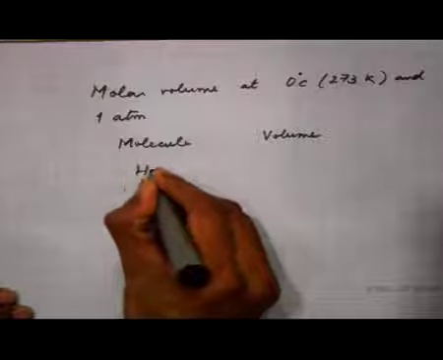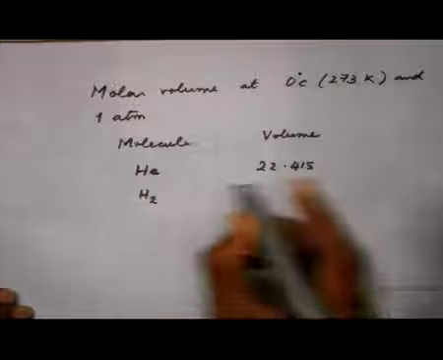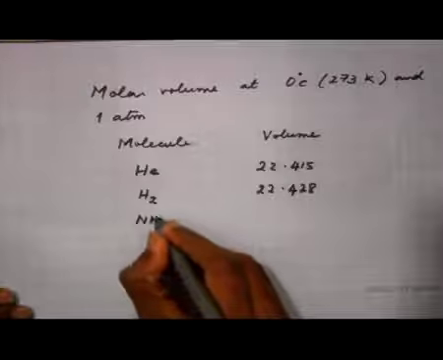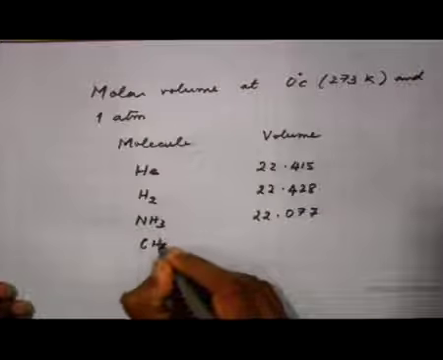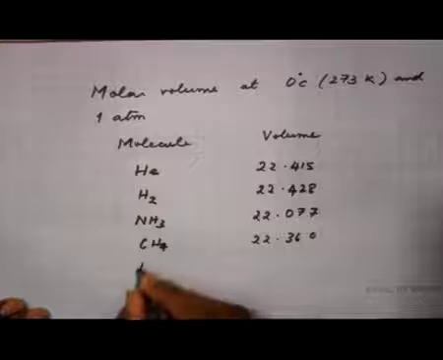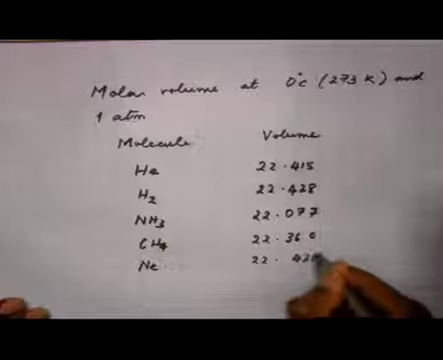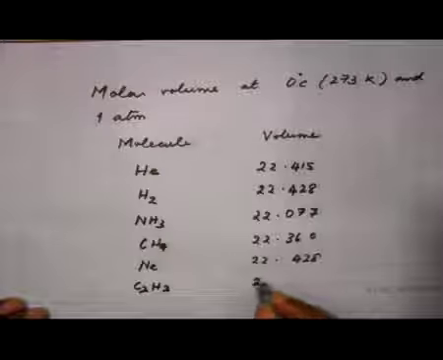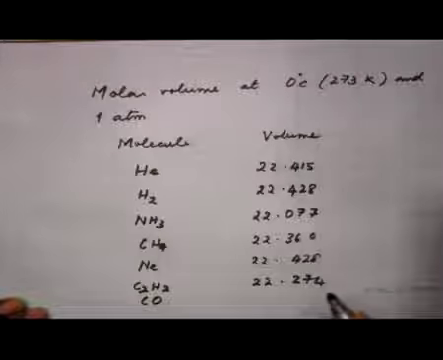So, we have helium, which is 22.415, hydrogen is 22.428, ammonia is 22.077, methane is 22.360, neon is 22.428, acetylene is 22.274, and just the last one, carbon monoxide, has 22.405.